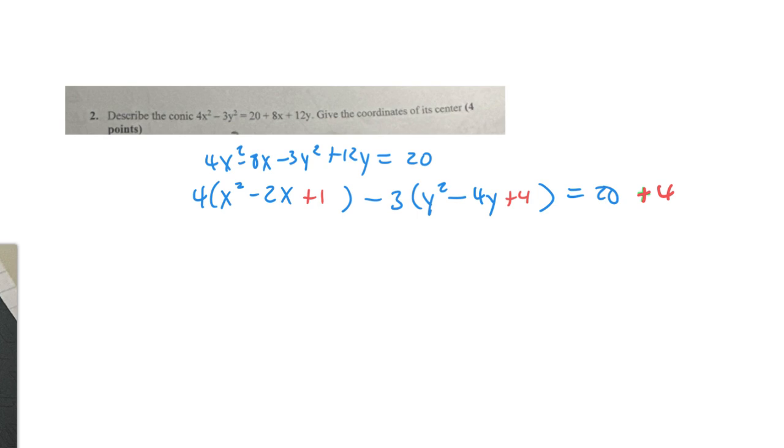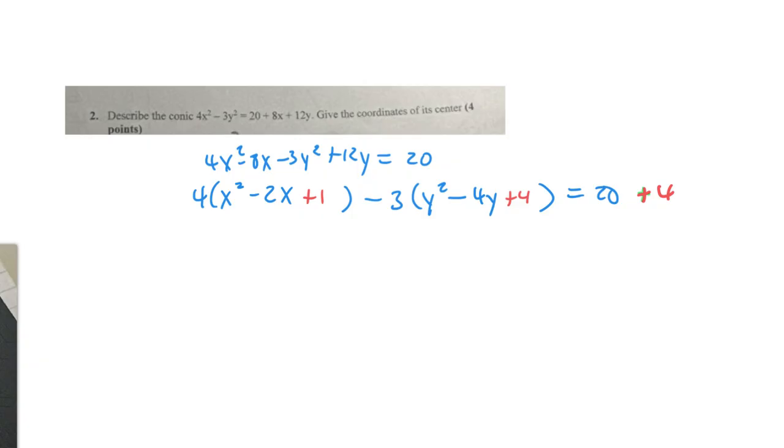Now, if you're completing the square for the purpose of turning a standard form quadratic function into a vertex form quadratic function, then that's a different story. But anyway, either way, we're really adding a 4 here. So therefore, we have to balance things out by adding a 4 there.